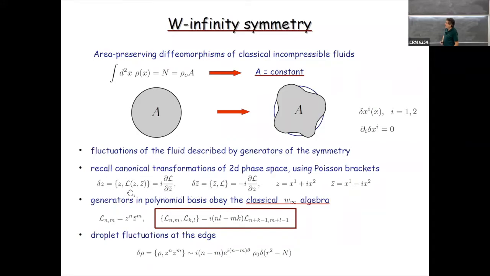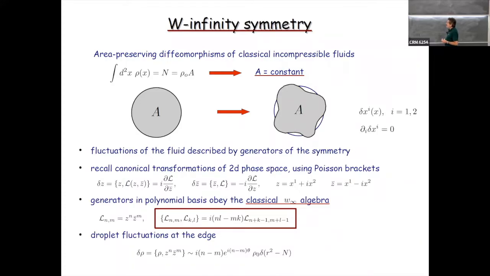Poisson bracket, which involves x and y, or z and z bar, which are complex coordinates, okay? And L is a scalar function, which is the generator of the transformation. So a generic scalar function of z and z bar describes the generator, the generating function. So I can realize this transformation with Poisson brackets, okay?